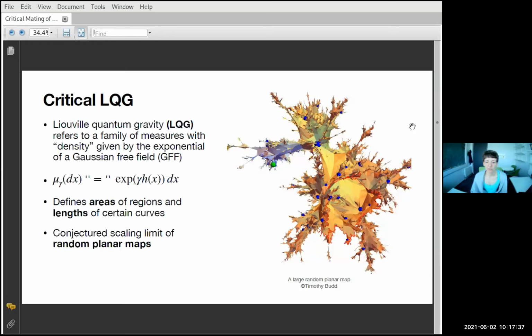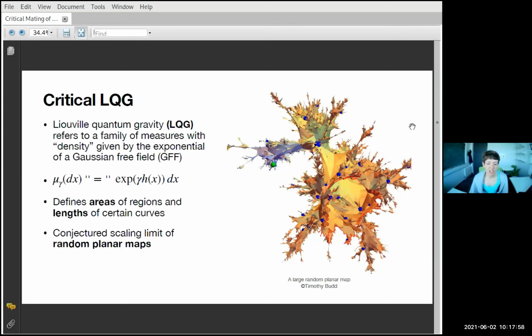These give you some discrete metric spaces and also some discrete measures if you consider counting measures on the faces. The conjecture is that if you formally embed such objects into a planar domain in a natural way and consider the resulting measures, then these will converge in an appropriate scaling limit to LQG measures.